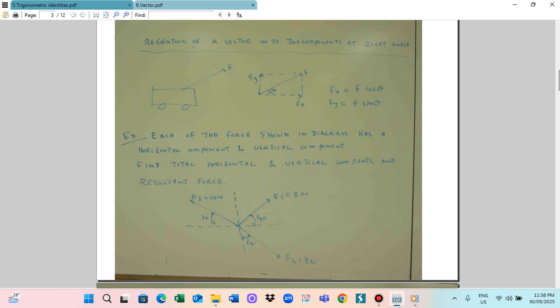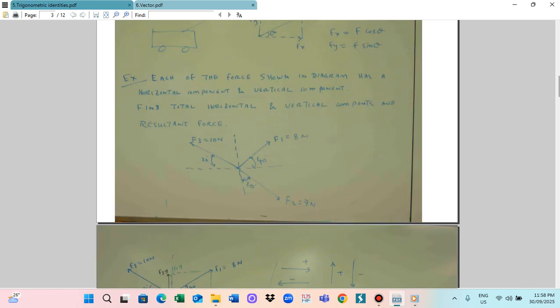In this case, we need to find the total horizontal and vertical components and the resultant force. So you need to resolve those forces into horizontal and vertical components. F1, F2, F3 need to be divided into horizontal and vertical components.